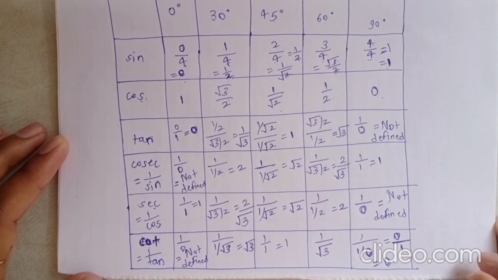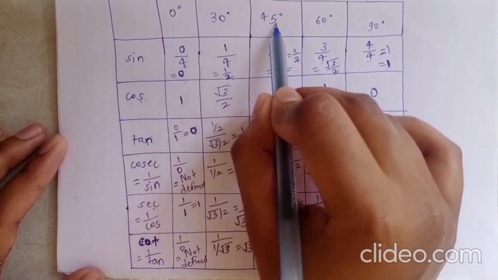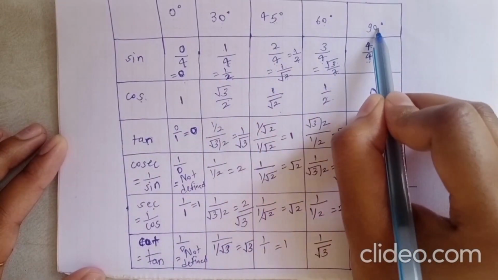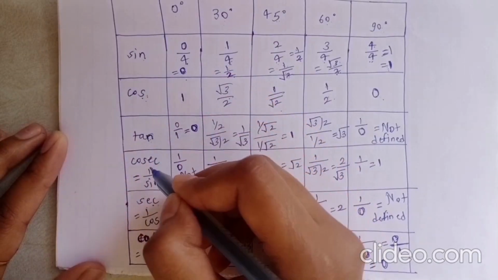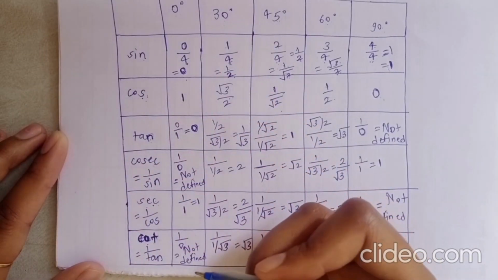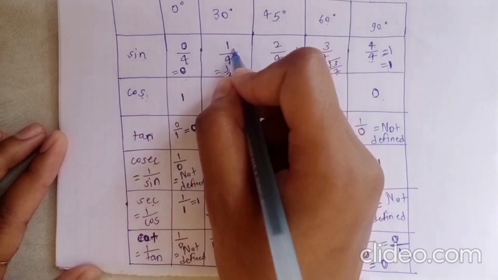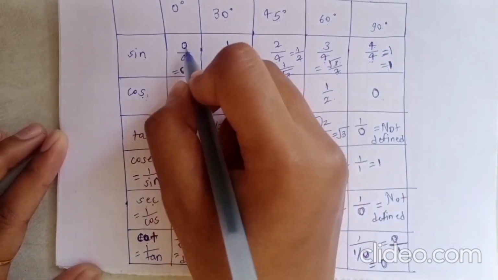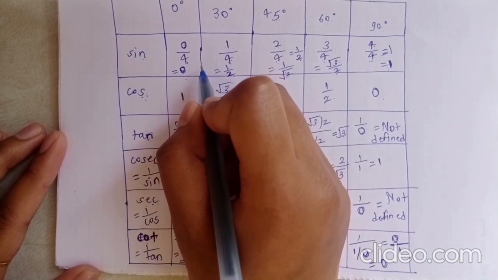Let's summarize this value chart. In degrees we have 0 degree, 30 degree, 45 degree, 60 degree and 90 degree. Here we have sine, cos, tan, cosec, sec and cot. First we will start writing number from 0. So 0, 1, 2, 3, 4. Divide the number by 4. Then simplify the ratio.